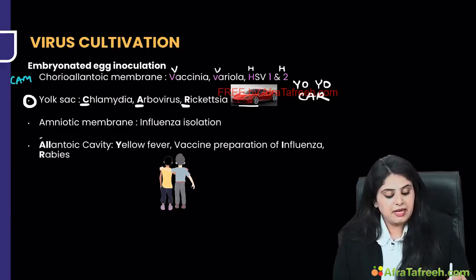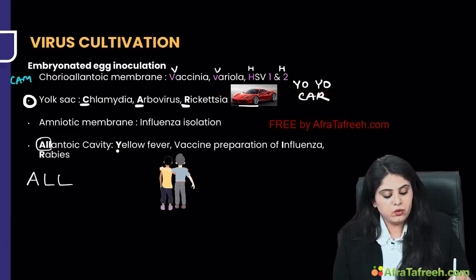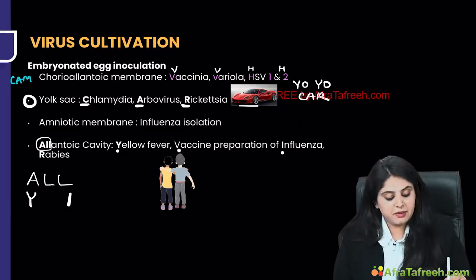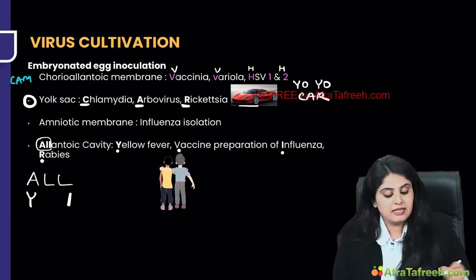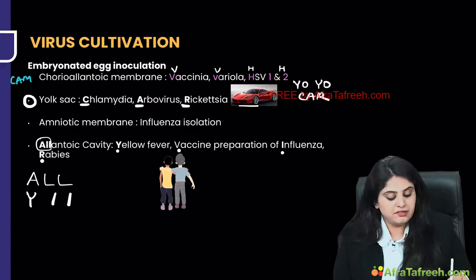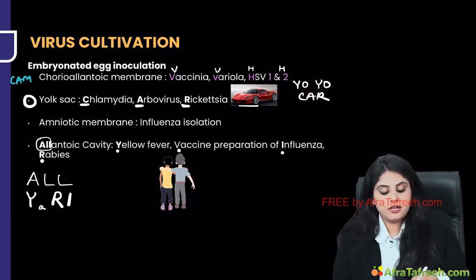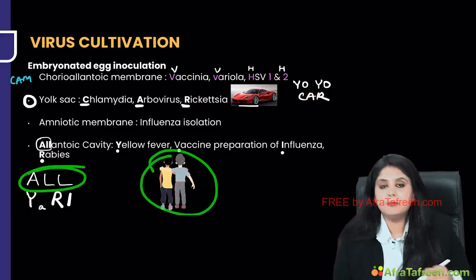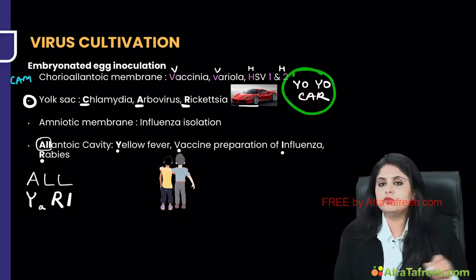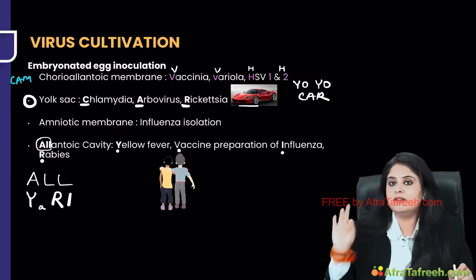If you look at the allantoic cavity, you have grown, number one, yellow fever. Secondly, there is vaccine preparation of influenza, and there is also growth of rabies virus. Please remember this is related to boys. If you put them in a car, they do yo-yo.